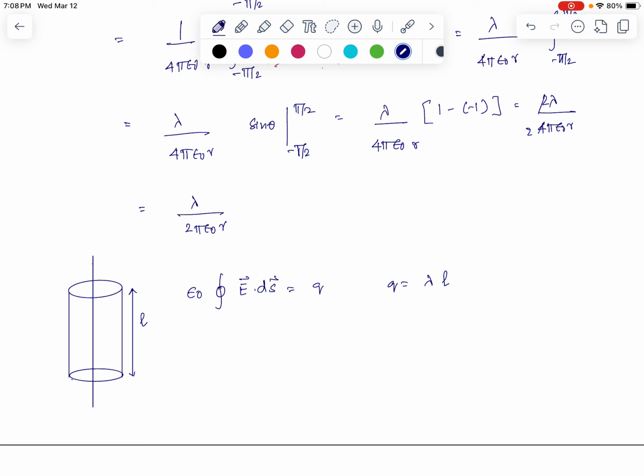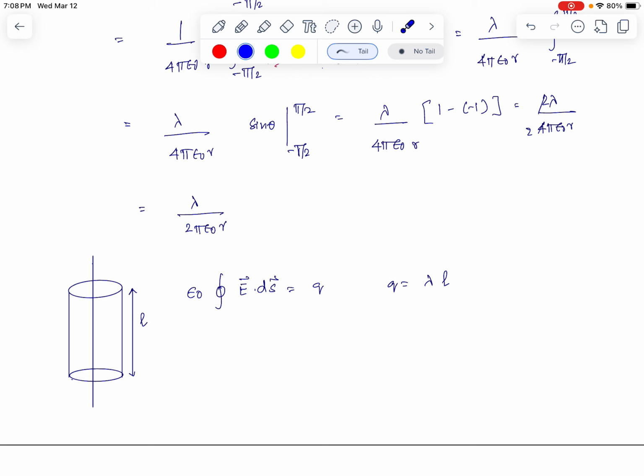Now we know that the electric field is radial in nature. So the integral essentially is the integral over the curved surface. If you consider the flat surfaces, the electric field is radial, but the normal to the surface is along the wire. So the electric field and the surface normal are perpendicular to each other, so the contribution from the ends of the cylinder is actually zero.